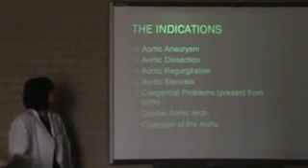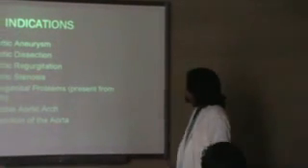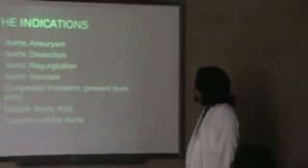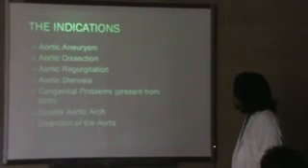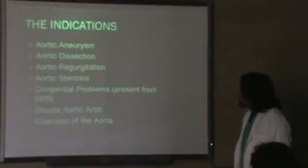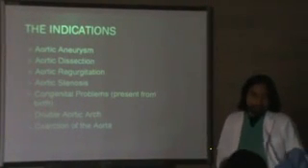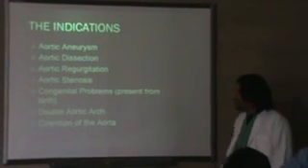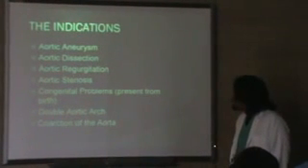Now here are the more common indications. Well, actually they're not so common. Only the first two are pretty much the main indications. That's aortic aneurysm and aortic dissection. The aortic aneurysm is pretty much just the ballooning of the aorta. It inflates to an abnormal size.